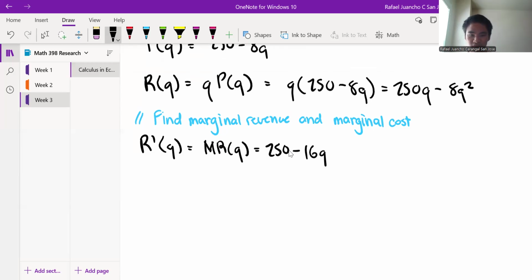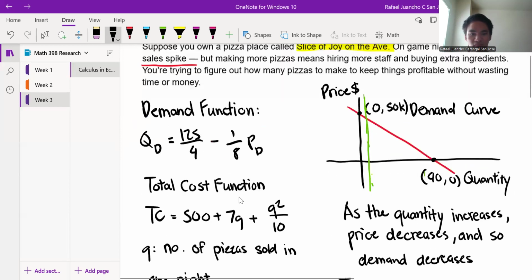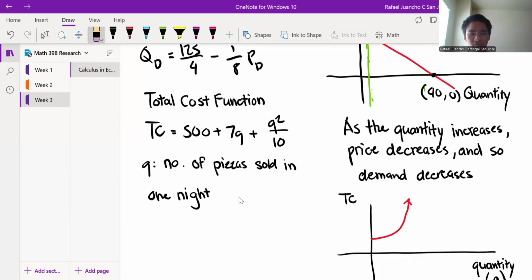And then for our marginal costs, well, this is just our cost function, which you already have, and we just take its derivative, right? I'll just put C of Q, just to say this is a function.